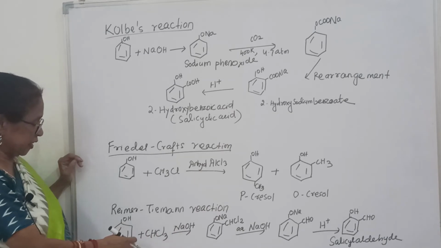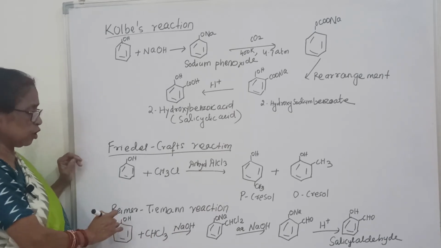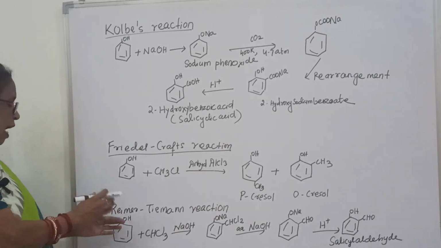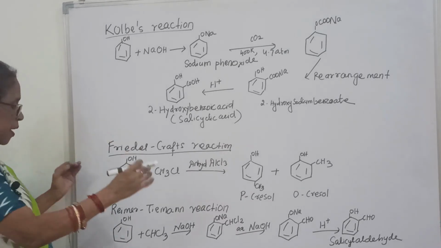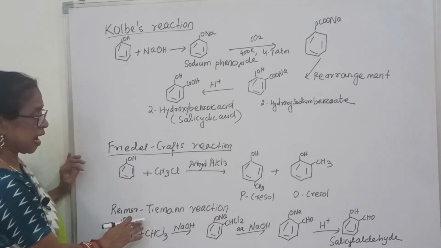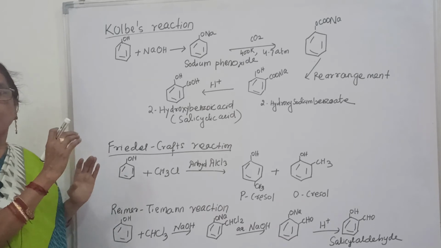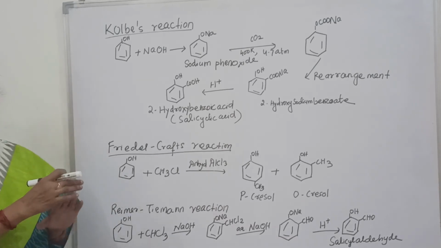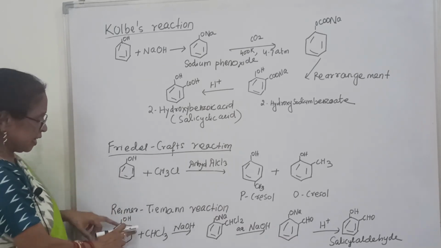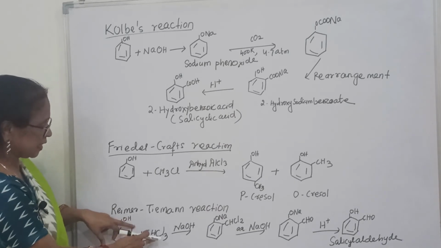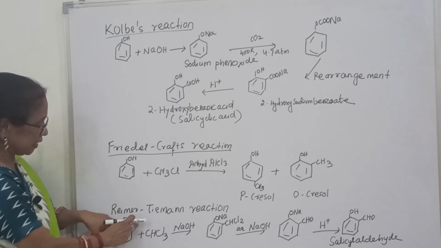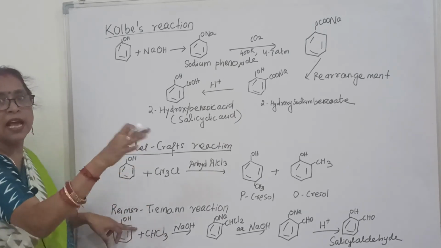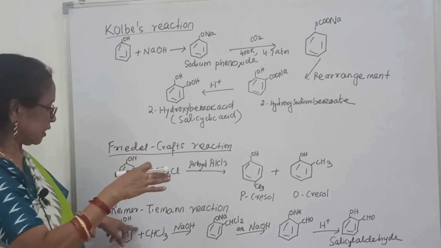Then what happens here? At the second position, one hydrogen is removed and CHCl2 is attached. That means one byproduct, hydrochloric acid, is produced. Again see, at the second position CHCl2 is attached, and this hydrogen and chlorine leave as a byproduct, hydrochloric acid.